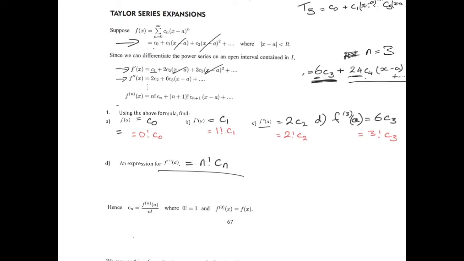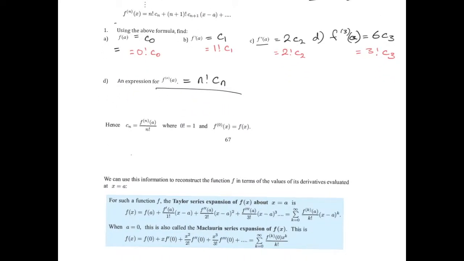That now helps us realize that we can rearrange this and divide both sides by n factorial and realize that Cn equals the nth derivative of f at a over n factorial, which is written here, where you have to remember 0 factorial is 1, and the 0th derivative is just f. It's not being differentiated at all, so you just have to remember that.